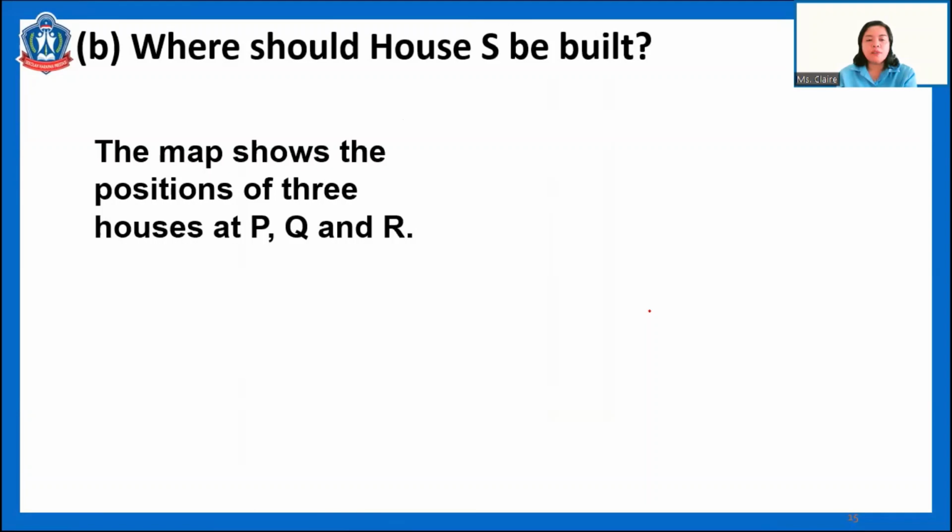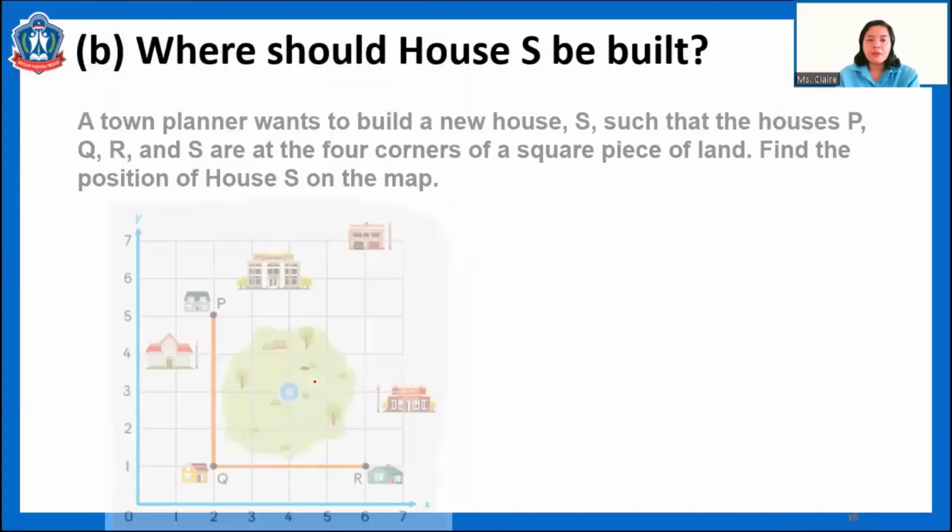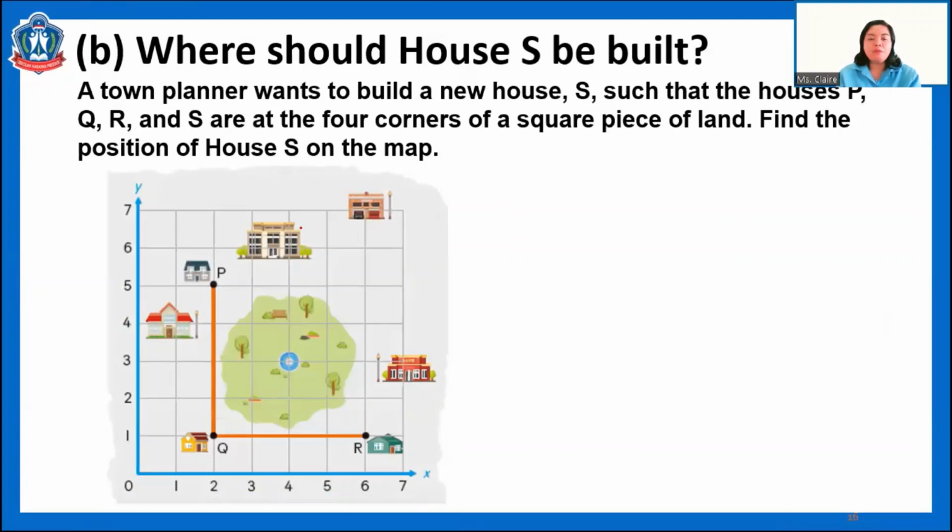The map shows the positions of 3 houses at P, Q, and R. So this is point P, point Q, and point R. Okay? Now, a town planner wants to build a new house. So we are going to find out where the house should be built.